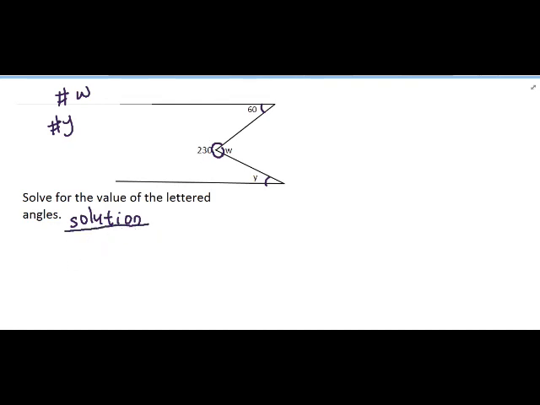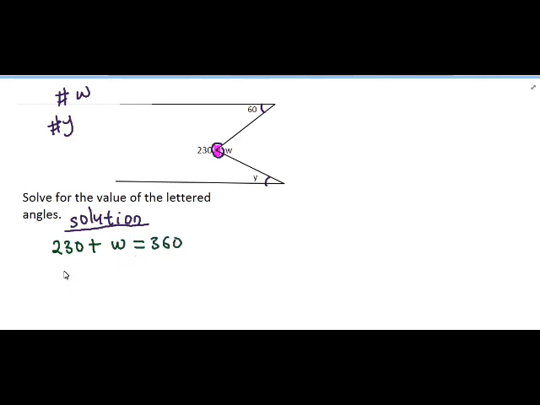This is an angle at a point, yes, because this line coming here and this line coming here form an angle at a point. And that is a reflex angle, right? Now, the angle at a point is 360 degrees, so it means that 230 plus W is equal to 360 degrees.